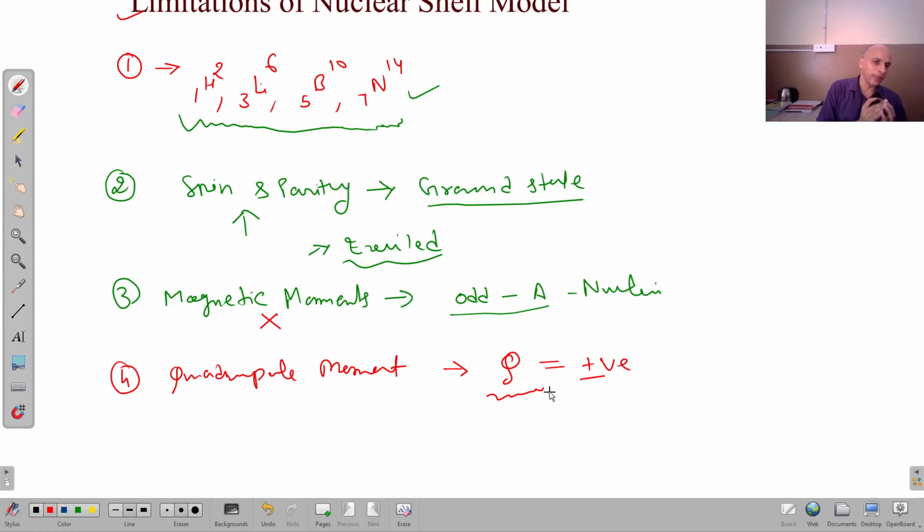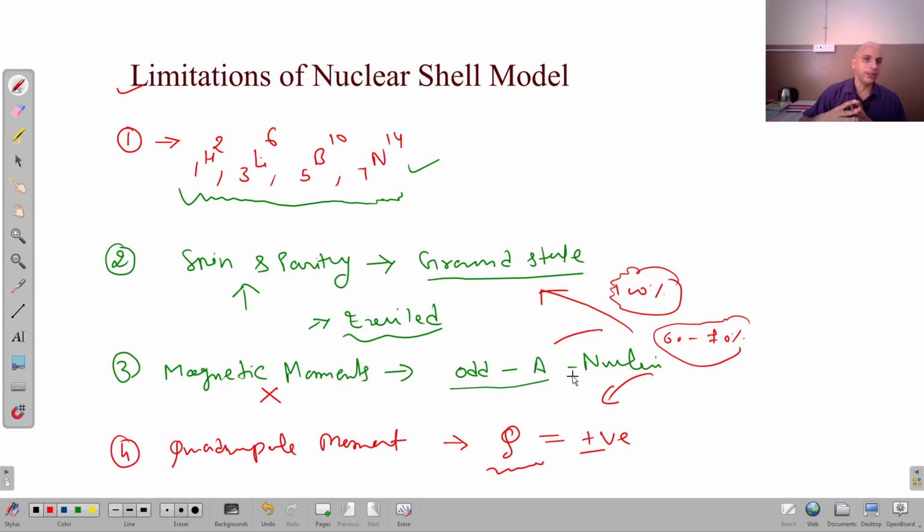So this is the list of major drawbacks. I have explained the four major drawbacks of this nuclear shell model, starting from the existence of these nuclei which are stable in nature, then spin and parity, then magnetic dipole moments, and then the electric quadrupole moment, right?